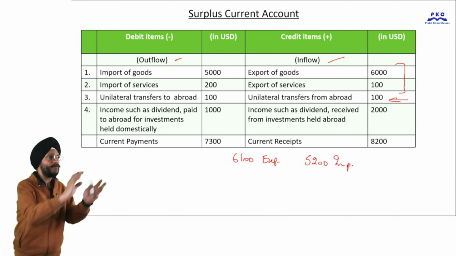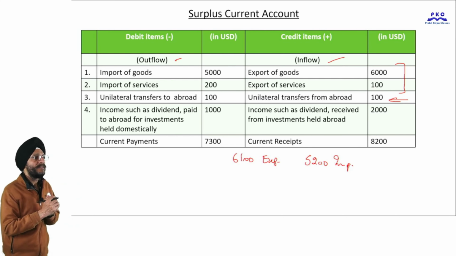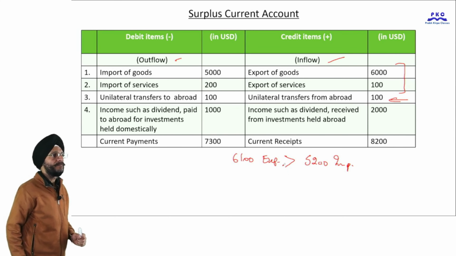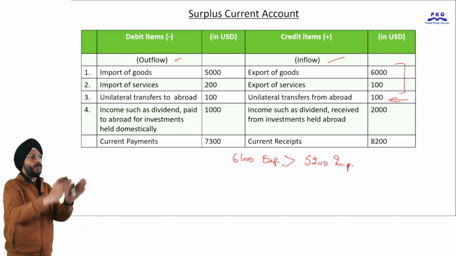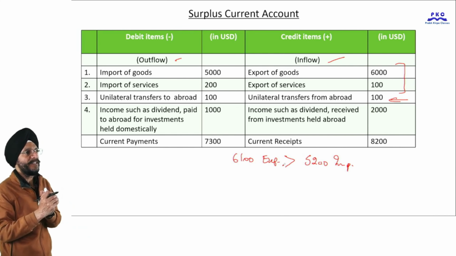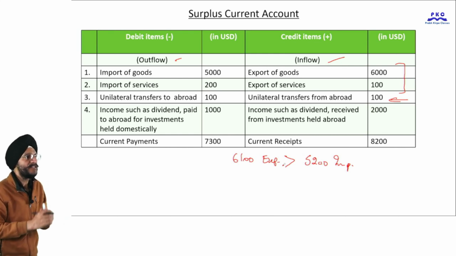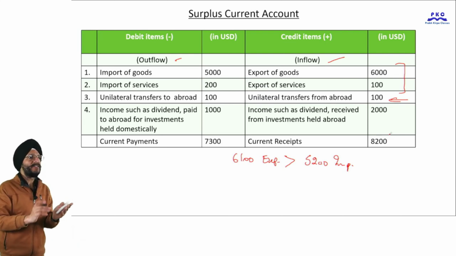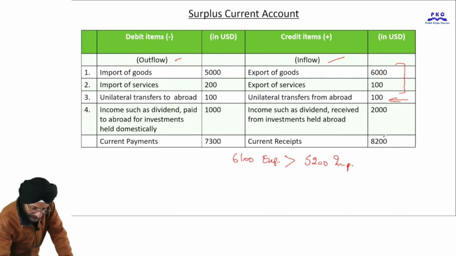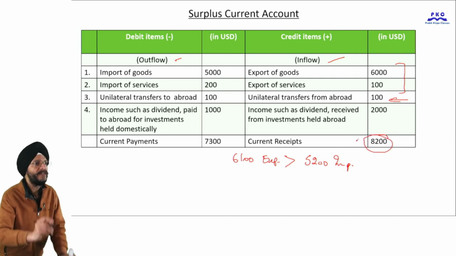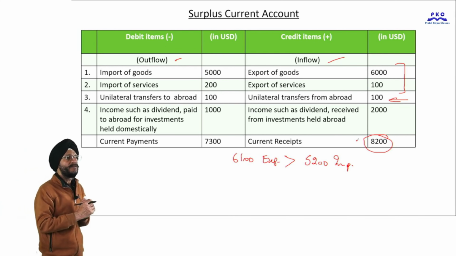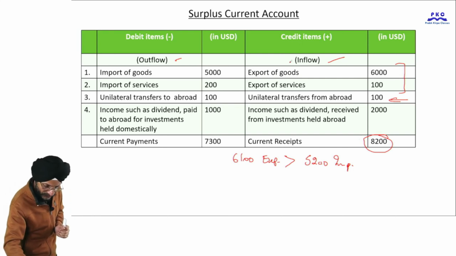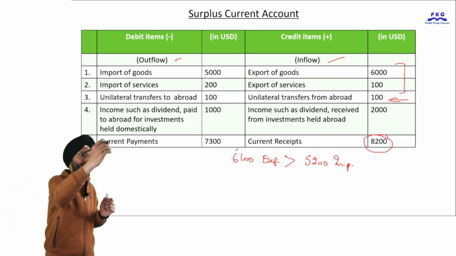So what we observe from these figures is that exports are more than imports. Overall, when we do the total of debit and credit transactions, we observe that as a whole, the country is receiving 8,200 US dollars as inflow of foreign exchange due to export, unilateral transfers, and income.